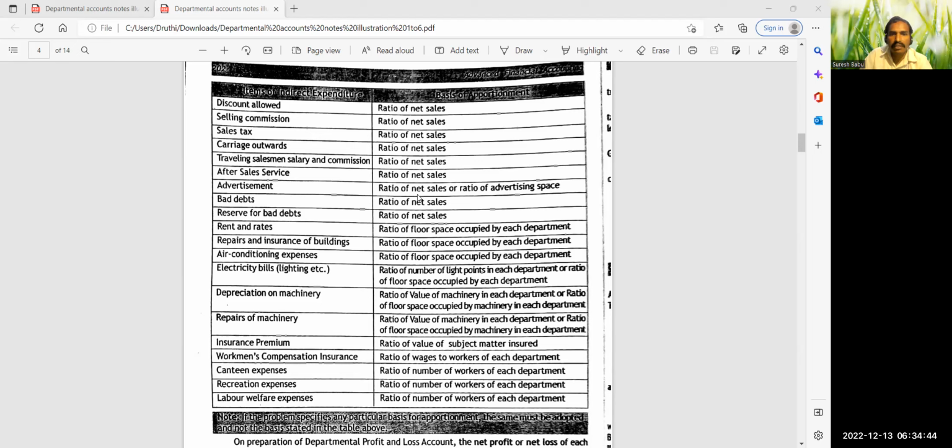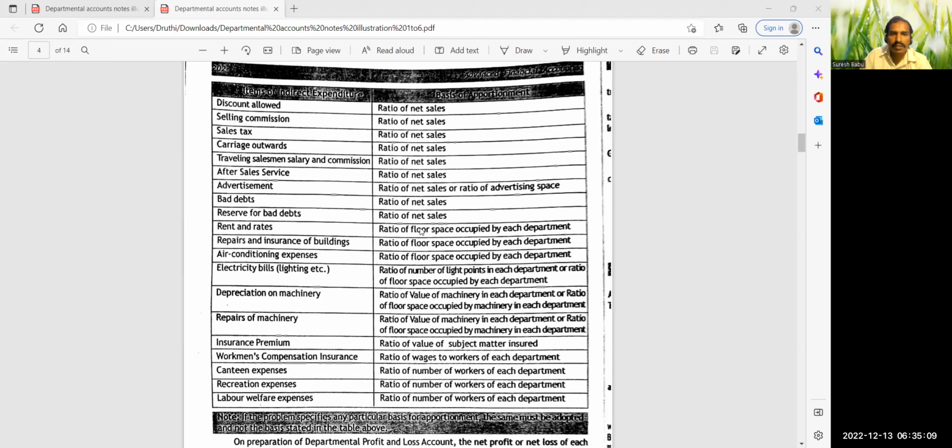Then advertisement, there is ratio of net sales or ratio of advertising space. Then bad debts, reserve for bad debts. Both will be apportioned using ratio of net sales, because sales increase means ultimately bad debts and reserve for bad debts also would increase. That's the reason.